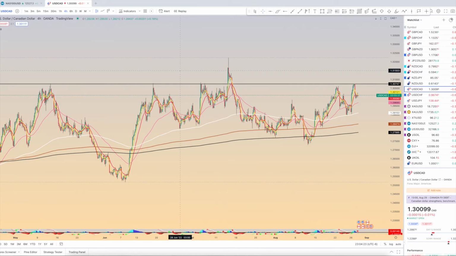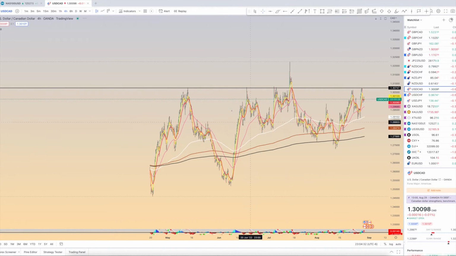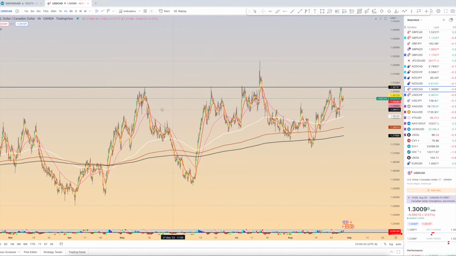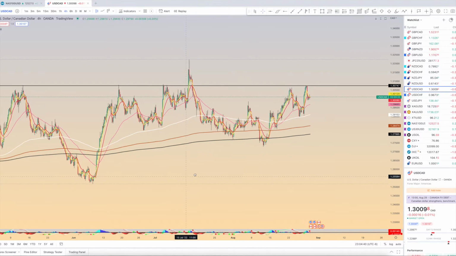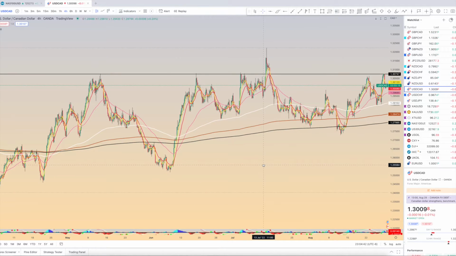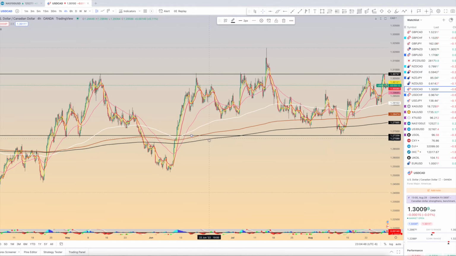Now, here's the situation. It did break the resistance and go up, and it made a higher low, right? So overall, for the long term trend, I would say that it will finally break the resistance and use it as a support. Okay, but right now our current support, if we don't count this large dip right here, the majority of the time where candles are hitting off of would be this line.